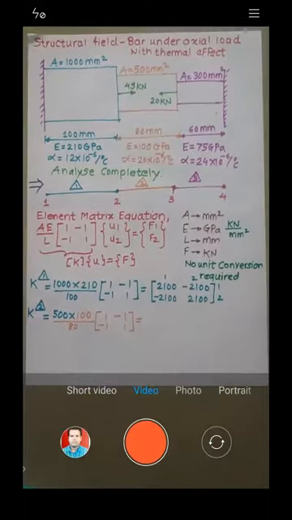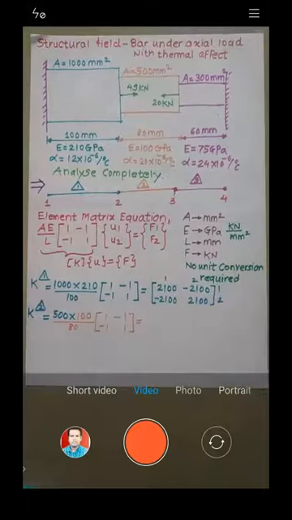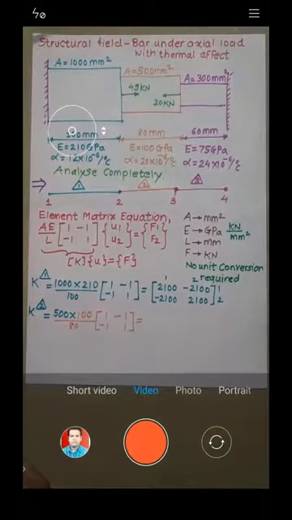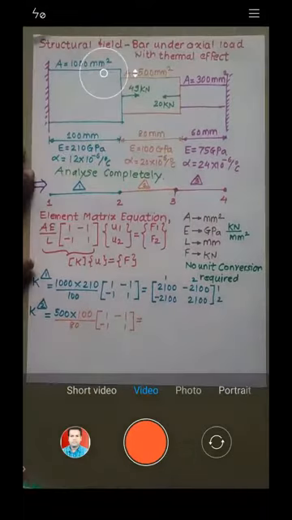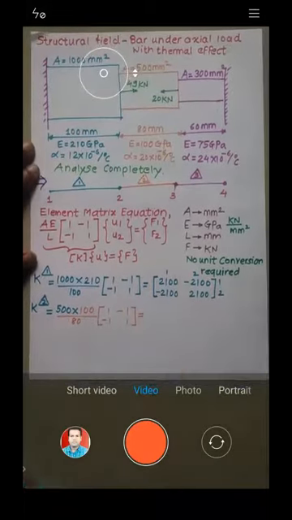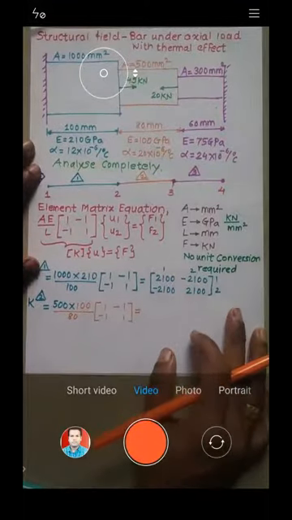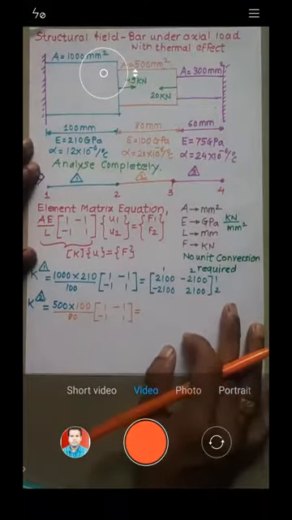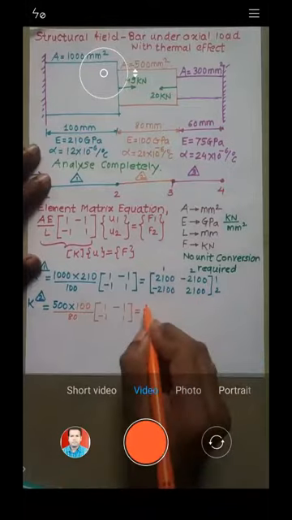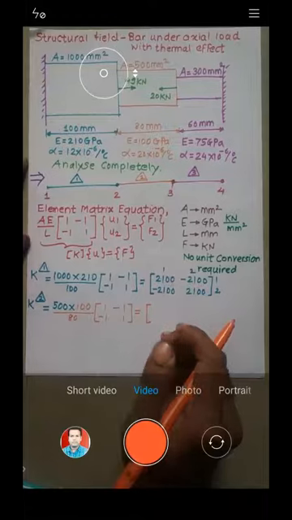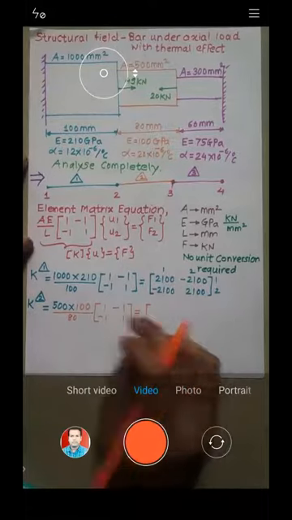What value are you getting? 500 into 100 by 80. Can you check?